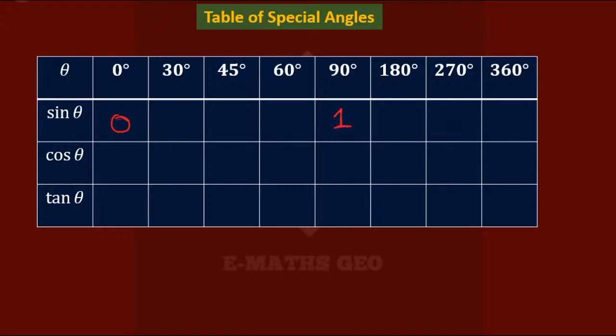The others will have a denominator of 2, and the numerator will start from 1, with 2, and with 3. Once we are able to know these 5, others will be very simple. You'll be surprised. Okay, let's do it.